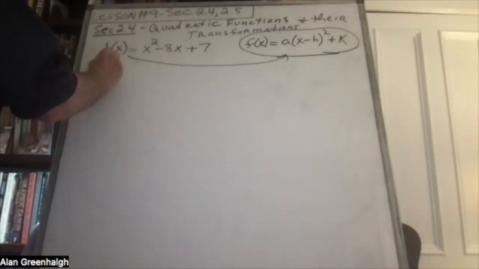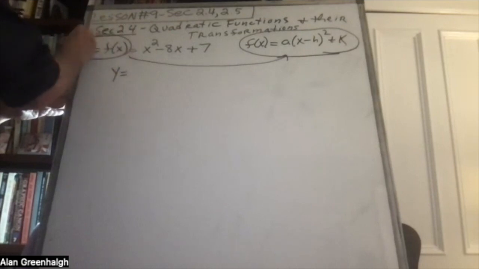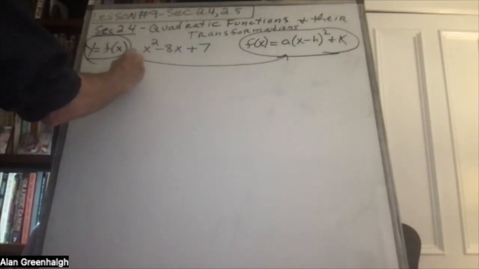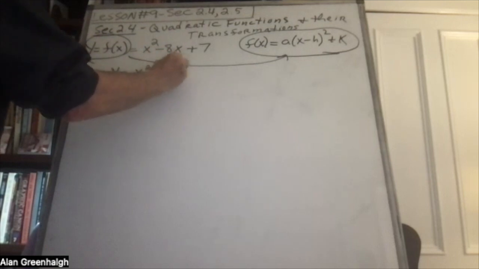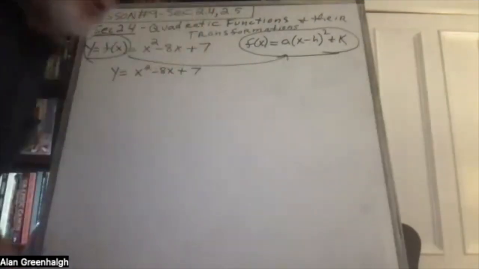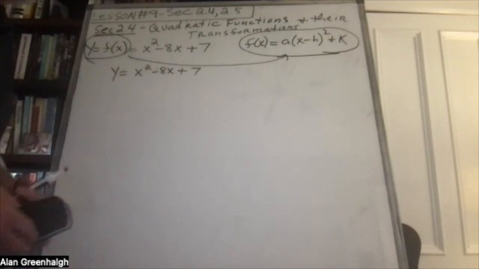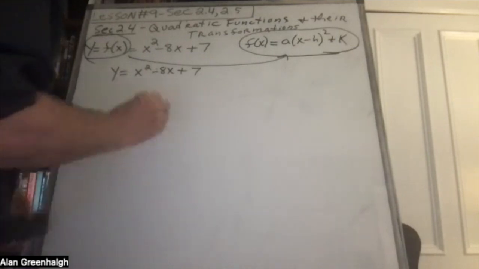So y equals, as I keep saying, y is equal to f of x. This is a given. So x squared minus 8x plus 7. This is how we do it. We're going to do the process of completing the square, but we're going to do it in a different way.